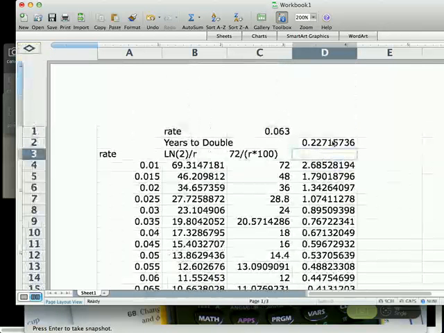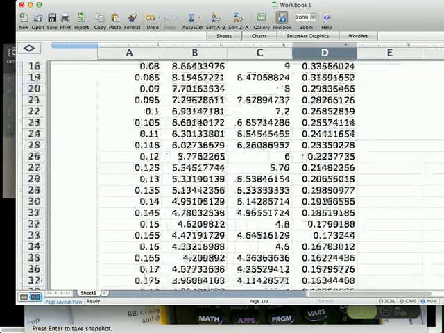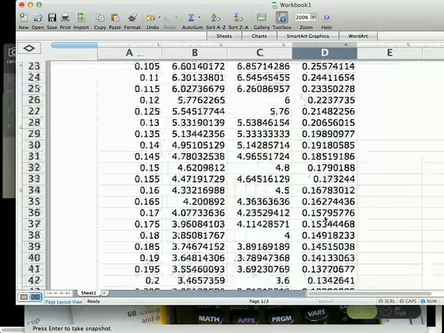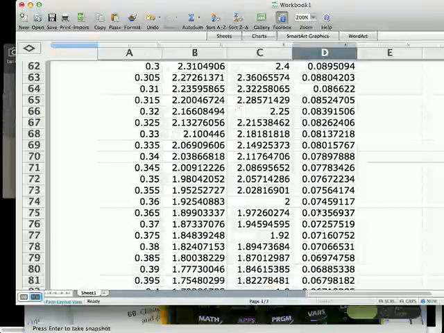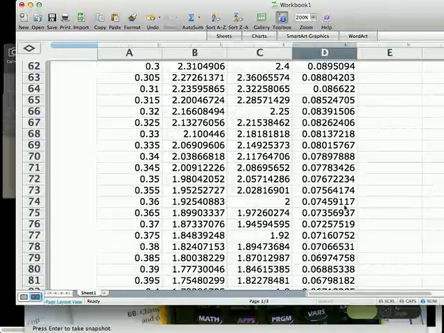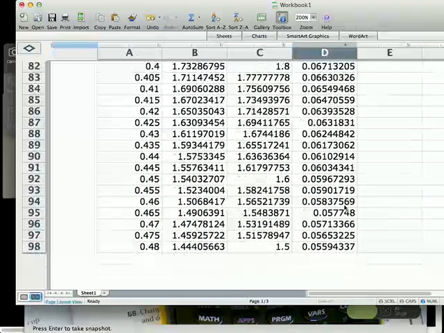Okay, so on average, it's off by like 0.22 years, which isn't that bad. It's only off by like a quarter of a year, a tenth of a year, even less. Look, for this one, it's off only 0.07 of a year. So it's a pretty quick rule, I guess.